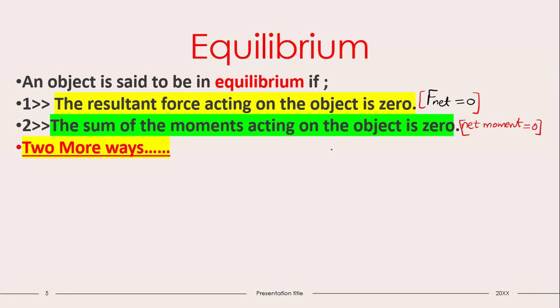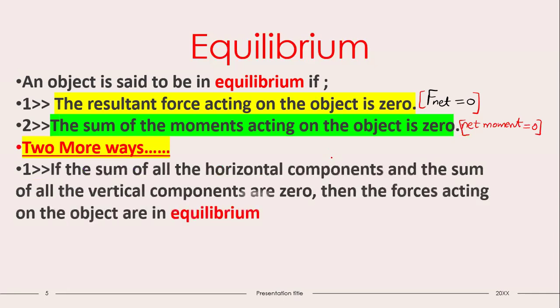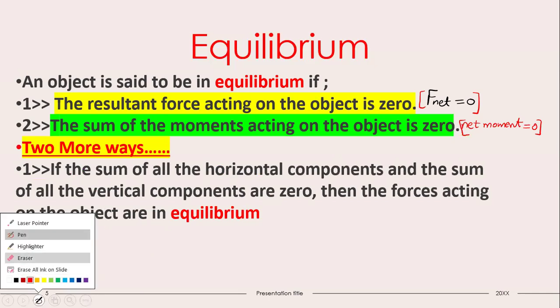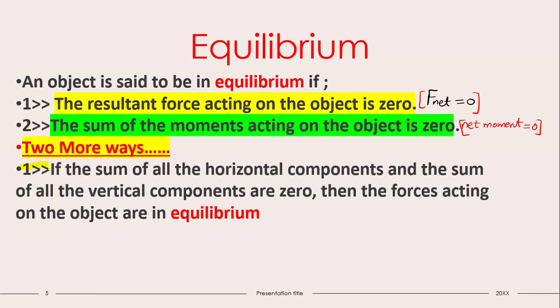Well, interestingly, there are two more ways in which we can state the equilibrium, the more detailed ways now. The first one is if the object is in equilibrium, then the net horizontal and vertical components of the forces acting on that object should be zero.